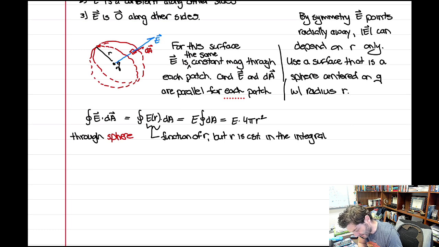And then by Gauss's law, this must equal Q divided by epsilon naught. And then look at that. This says that the magnitude of the electric field at a distance r away is Q divided by 4 pi epsilon naught times r squared.